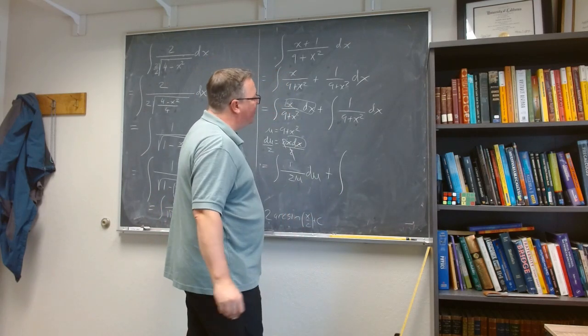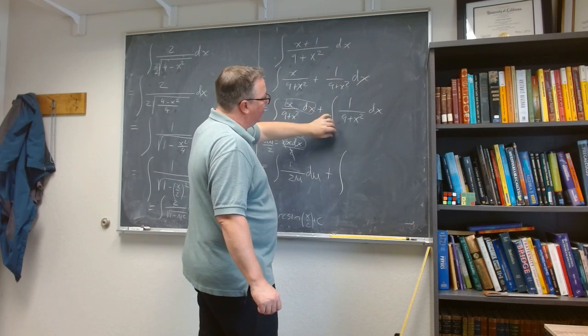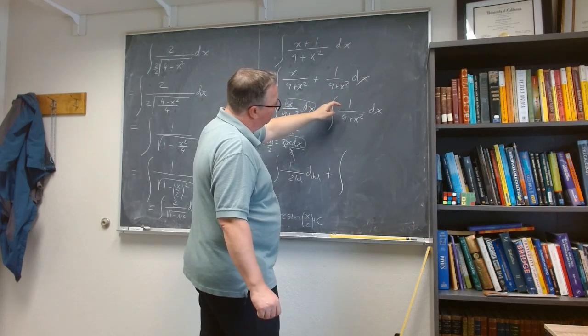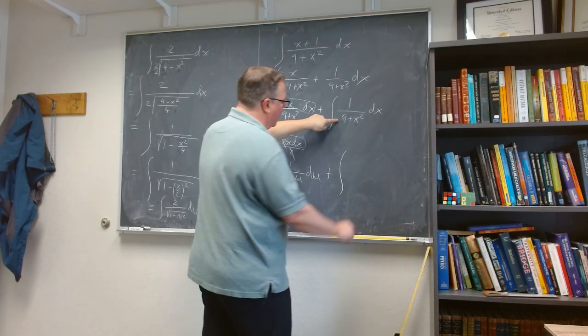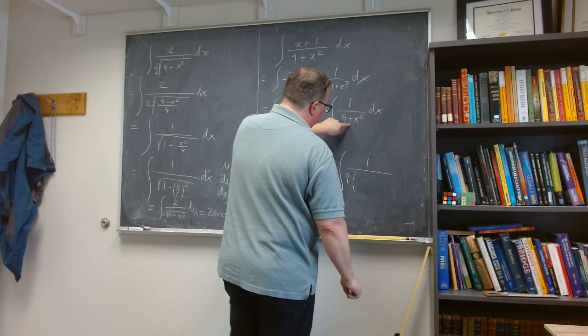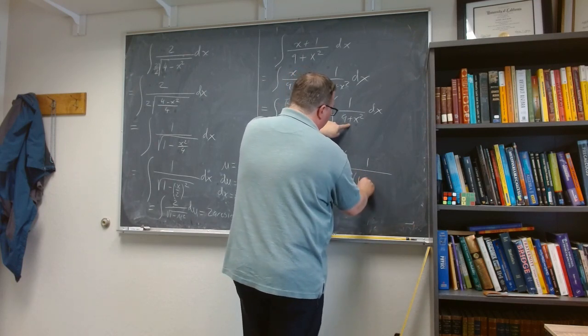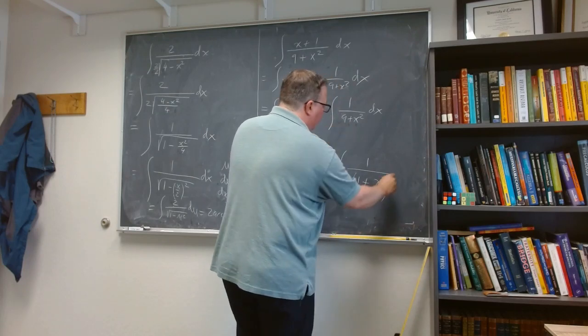So I'm going to start by multiplying and dividing everything by 9, right? So in essence, what I'm doing is I'm factoring this 9 here on the denominator. So 9, I pull it out. And here I'm going to be left with 1 plus x squared over 9 dx.